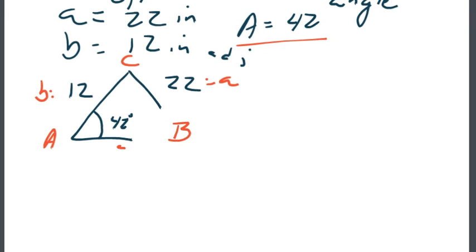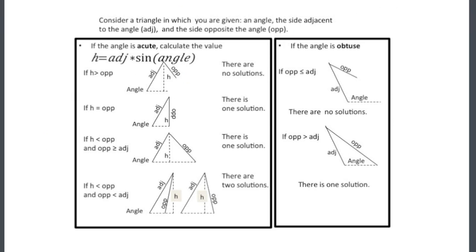Now, since the angle is acute, that says that using our chart, we now have angle is 42, adjacent is 12, and opposite is 22.